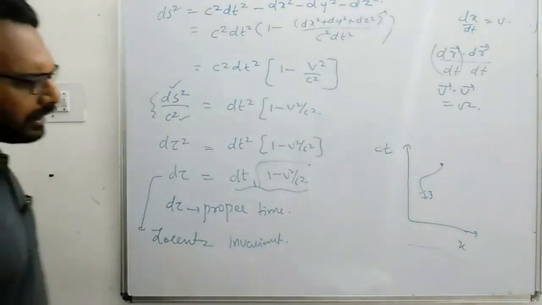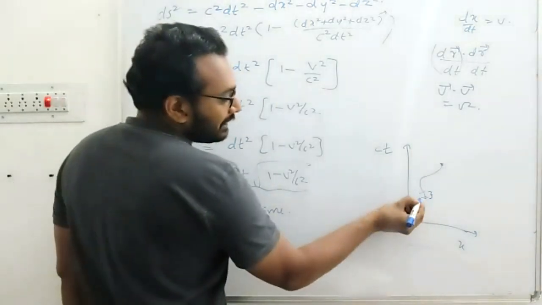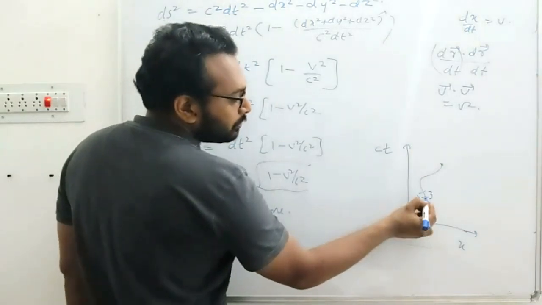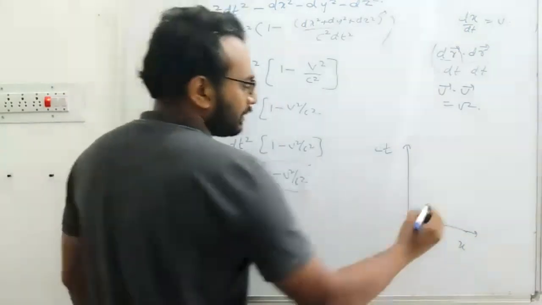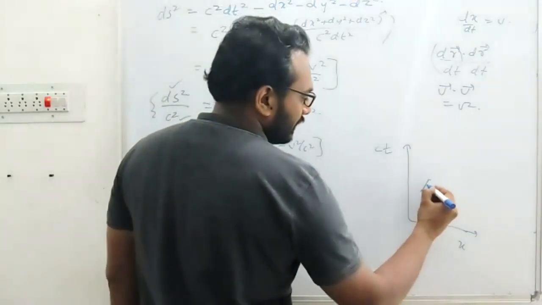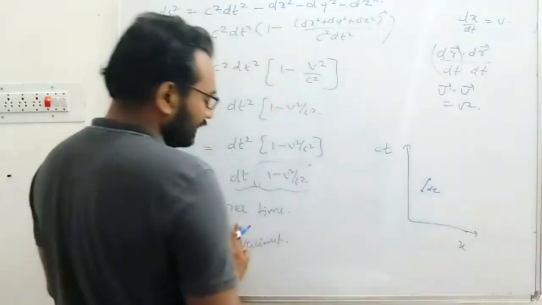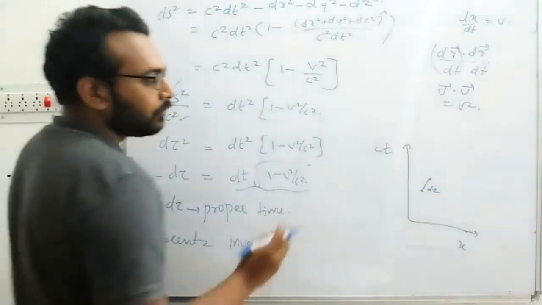What's this dτ actually? I said it's the proper time, which means that it's the time on a clock. Time elapsed on a clock which is moving from this point to this point. Suppose we have got 2 points in space-time and we want to find dτ. We said that dτ has the interpretation that it's the proper time. What's the proper time?